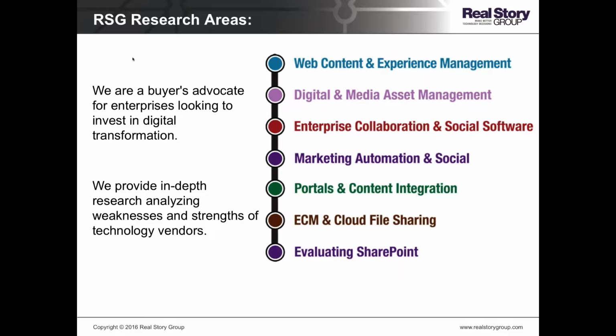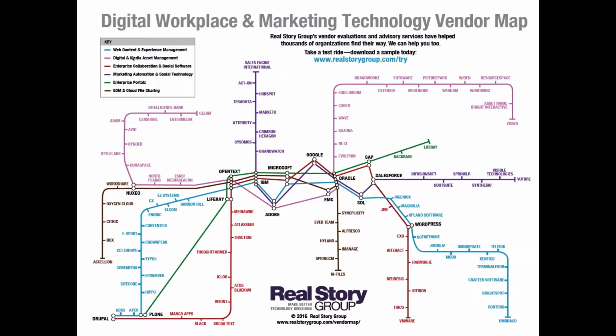So things like enterprise collaboration and social software across your organization, things like portals and content integration, things like ECM or document management and cloud file sharing, and of course SharePoint and its many incarnations within many organizations. So again, 7 marketplaces, but all around managing content.